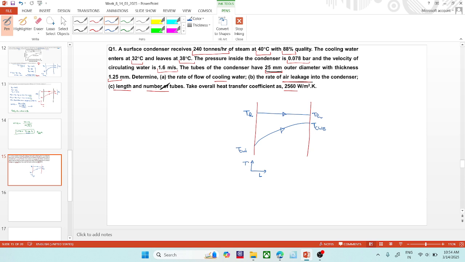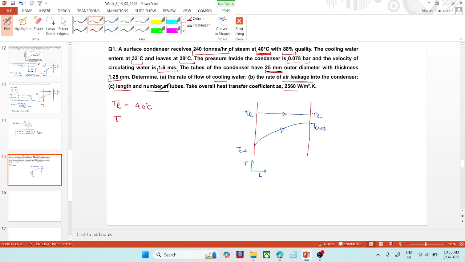Okay, so this is the first thing. Let me write these values first. So here TH is given as 40 degrees centigrade, which is here, the steam is condensing at 40 degrees centigrade.